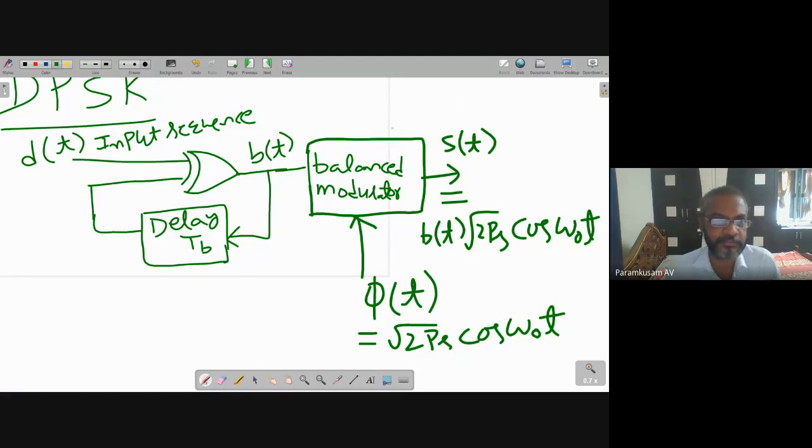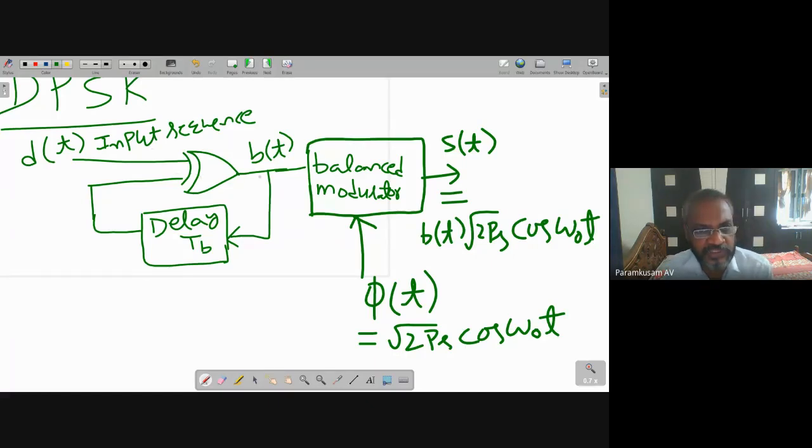Okay. Here let us see how B of t is generated. Actually, D of t, here data signal, that is the original signal input sequence, that is given to the exclusive OR gate.